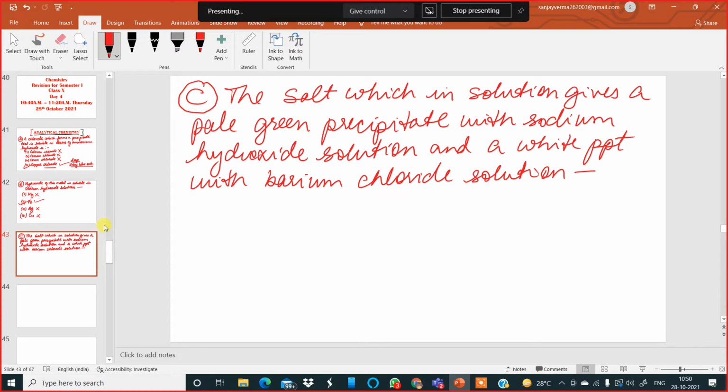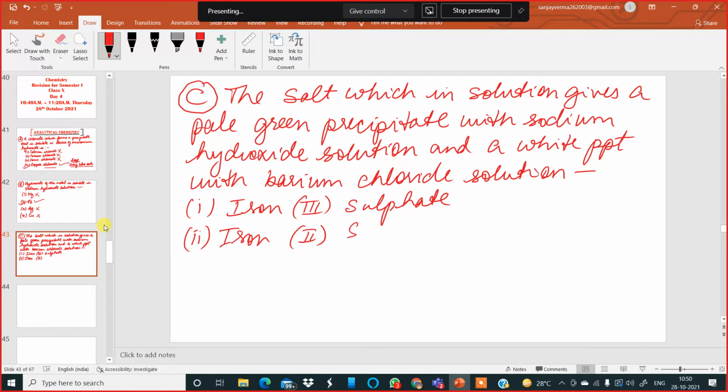So the options given in the question: the first option is iron 3 sulfate. The second option is iron 2 sulfate. The third option is iron 2 chloride.